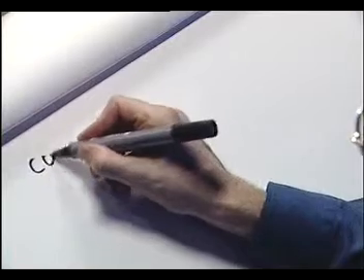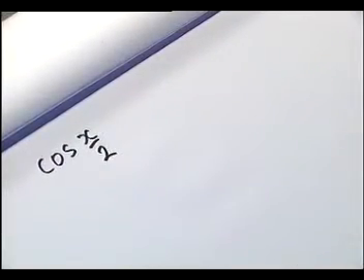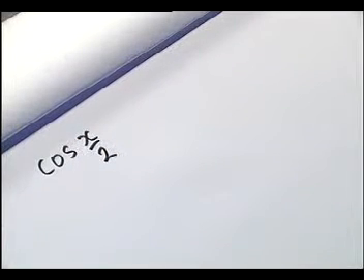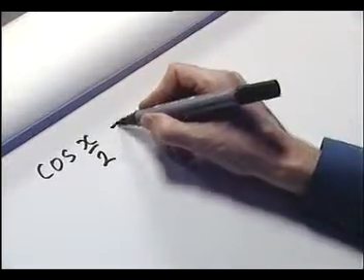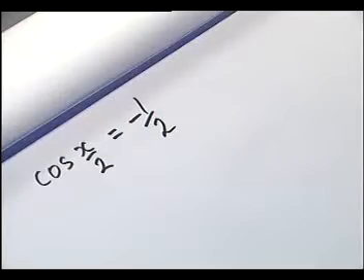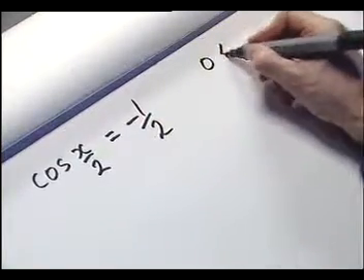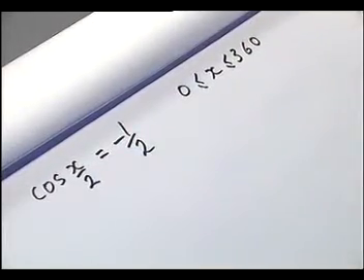Let's take cos of x over 2 this time. So instead of multiplying by 2 or by 3, we're now dividing by 2. Let's see what difference this might make. Equals minus a half. And we'll take x to be between 0 and 360.